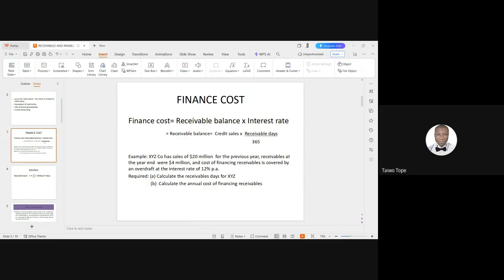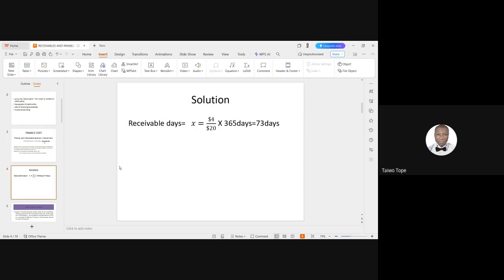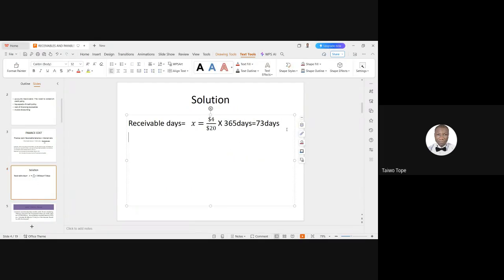So now, the costs of financing 4 million will be what? 4 million is what? Is 12%. So your cost of finance will be what?